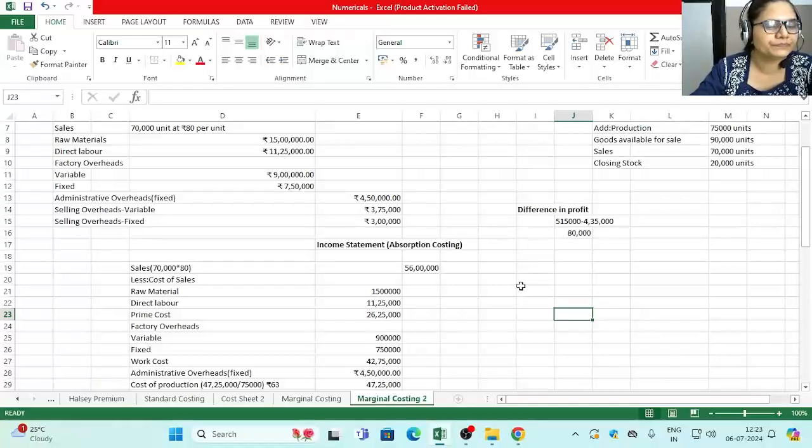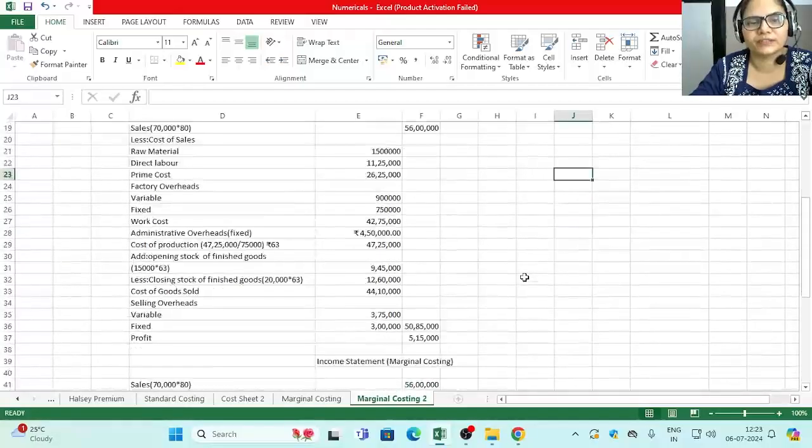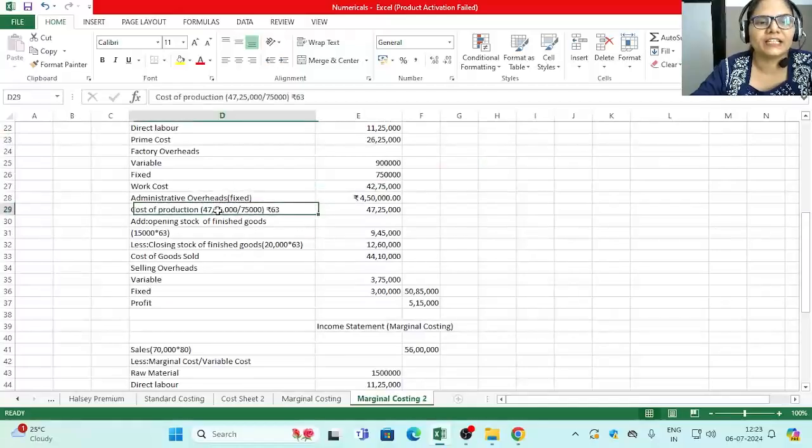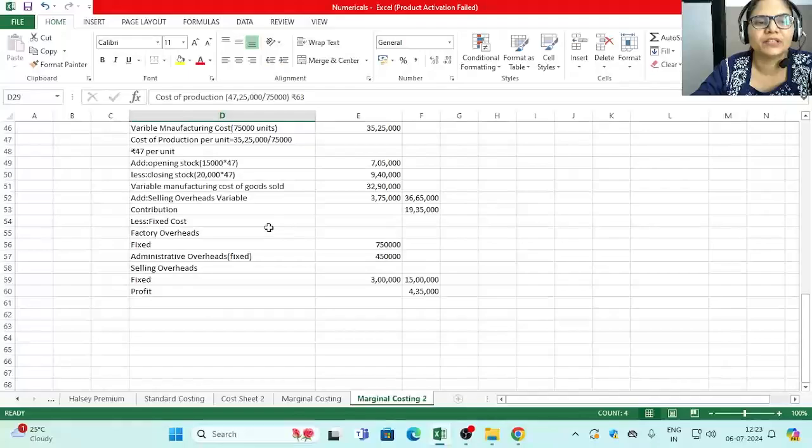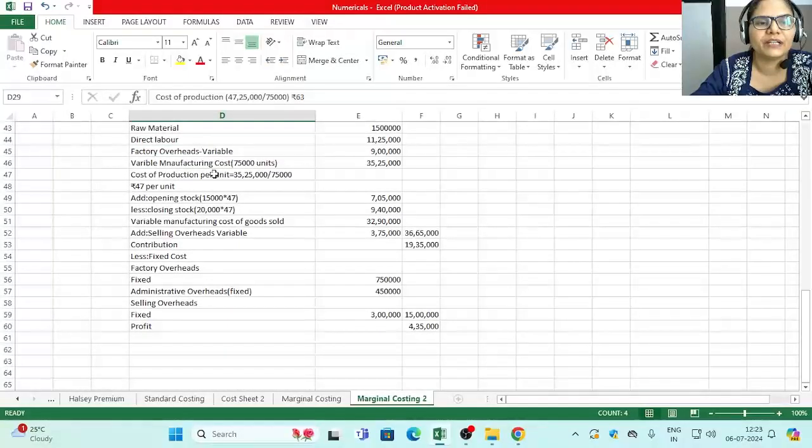Now, why has this difference arisen? This difference has arisen because of the difference in valuation of stocks in both cases, as we have done the valuation of stock in case of absorption costing, and similar valuation of stock we have done in case of marginal costing.